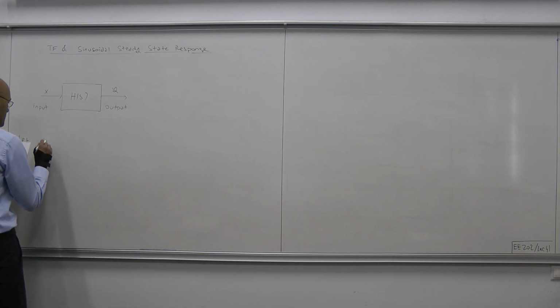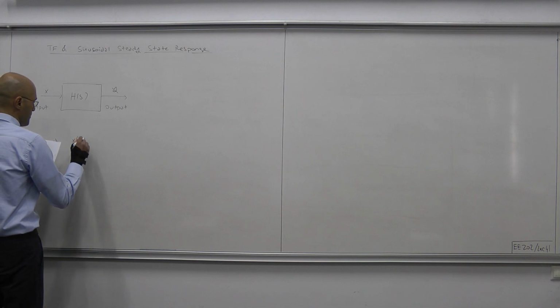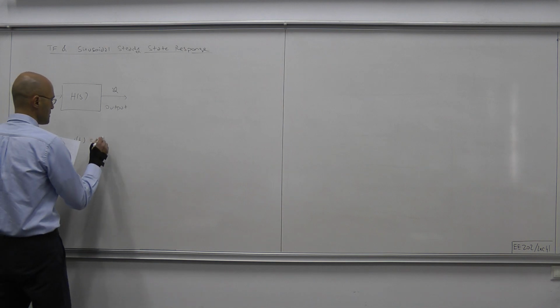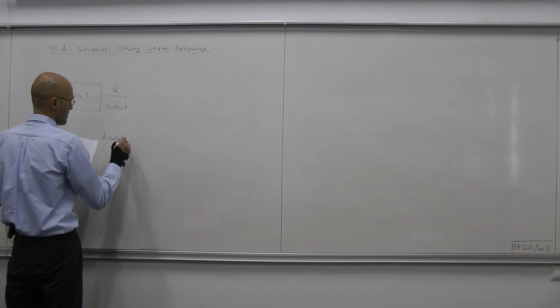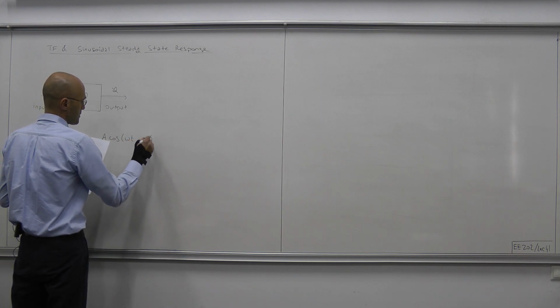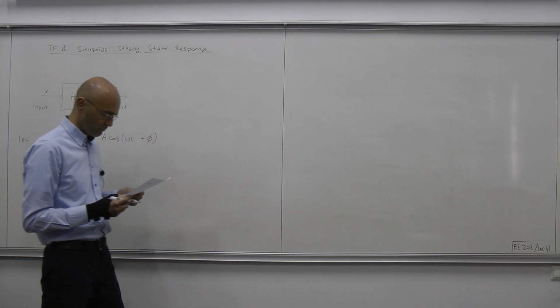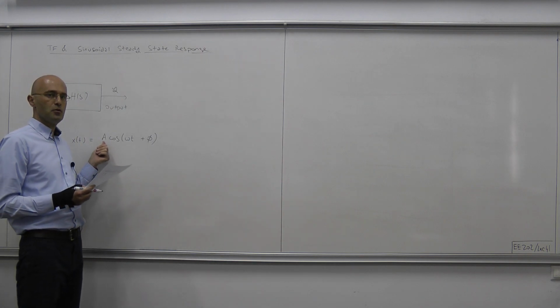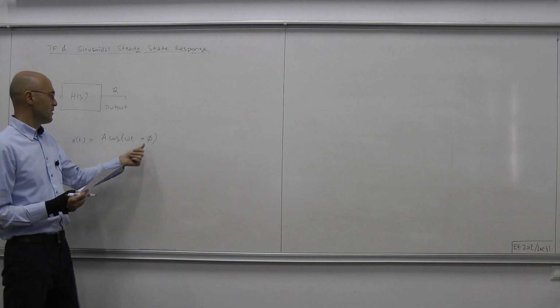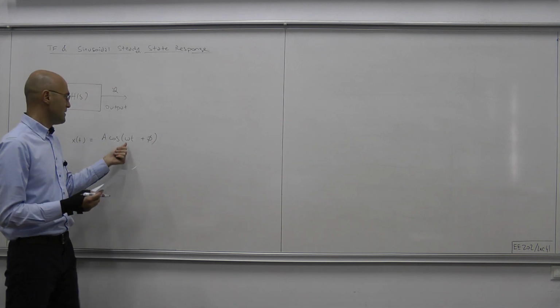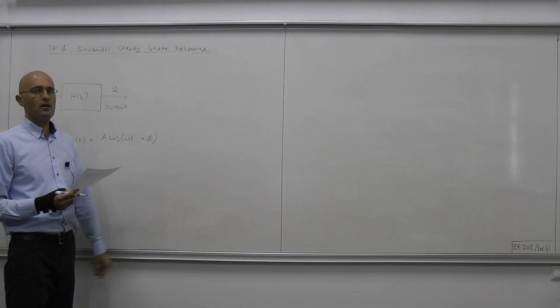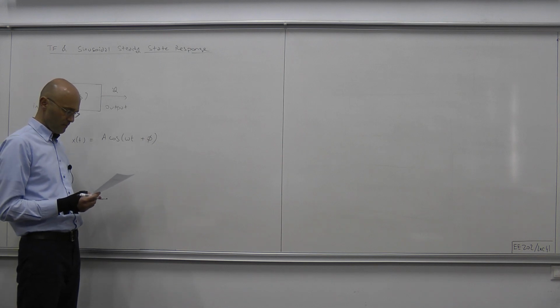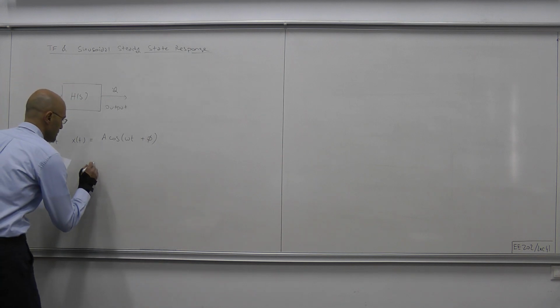So let the input be x of t as a cosine omega t plus phi. This is a sinusoidal function with some amplitude a, phase phi, and frequency of oscillations omega radians per second.